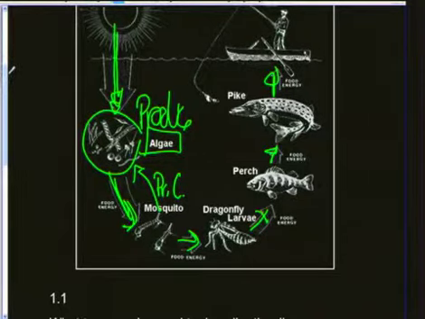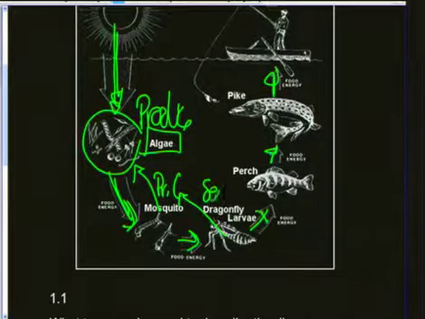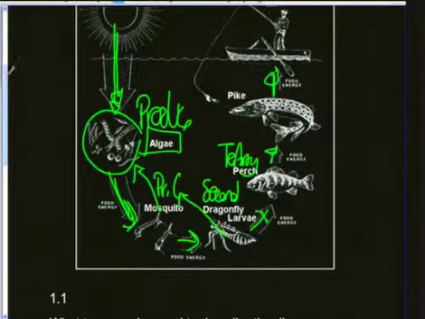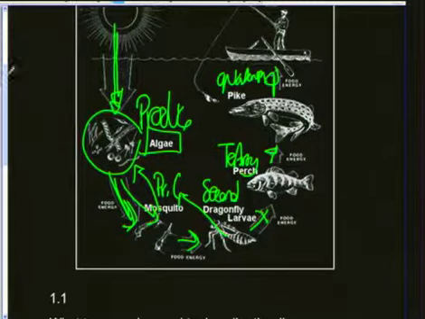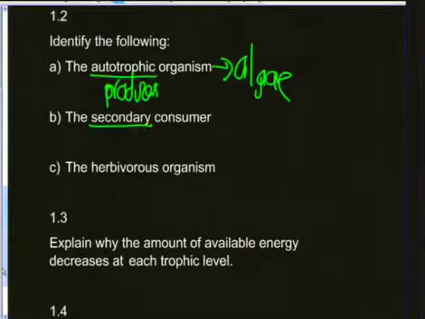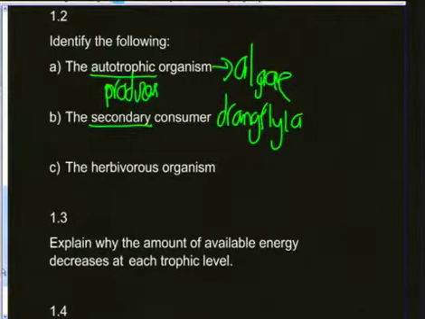The next animal that eats my primary consumer is my secondary. This would then be tertiary, and those would be quaternary, going up and up. Primary is my mosquito. So what's my secondary consumer? My secondary consumer is my dragonfly larvae because it eats my mosquitoes.